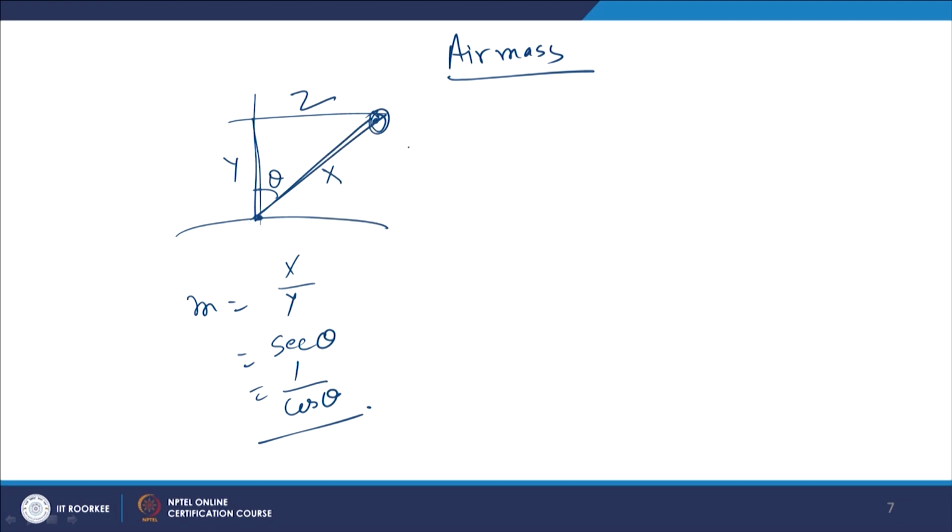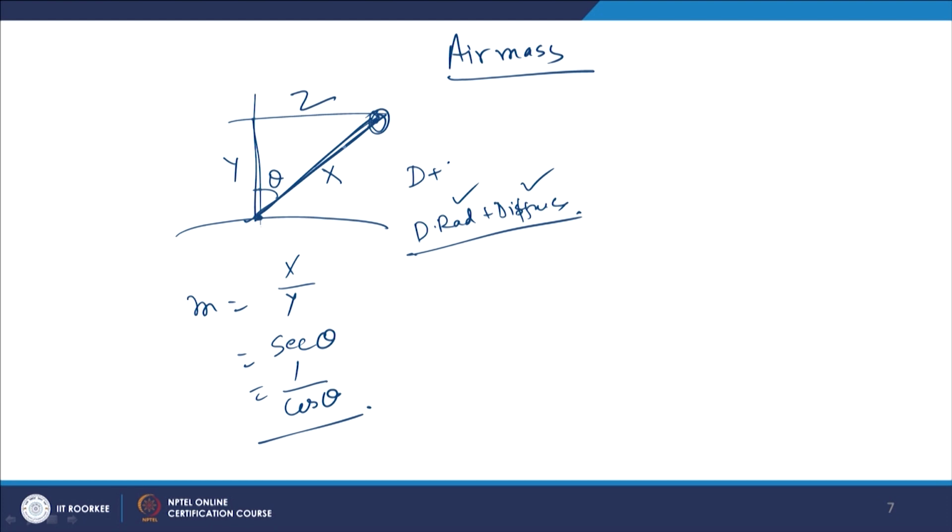Second thing is, when the sun is here, it has to travel more distance. When light or radiations are traveling, we have two types of radiations. One is direct radiation, radiation directly falling on the earth. Another is diffuse radiation. When the radiations are scattered, they are diffused. The total radiation is direct radiation plus diffuse radiation.